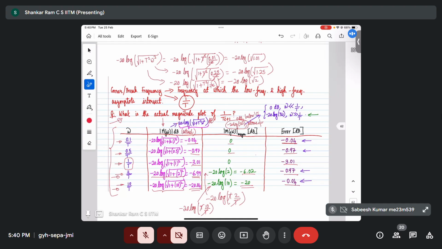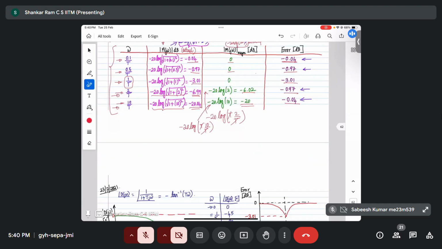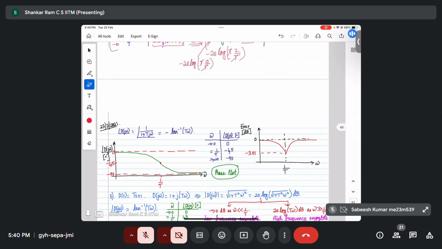So that is one observation. Then the second observation is the difference between the actual and asymptotic value is symmetric about the corner frequency 1 by capital T. So if you and I plot this, you will see that the error plot will come something like this.